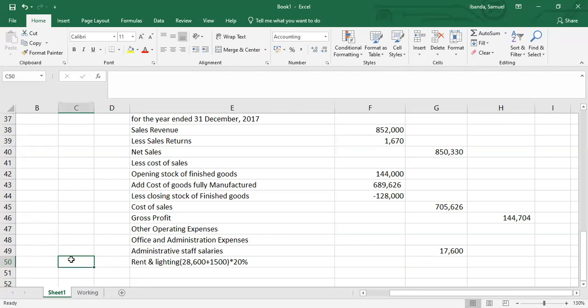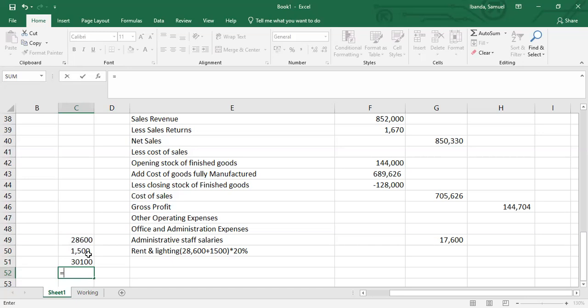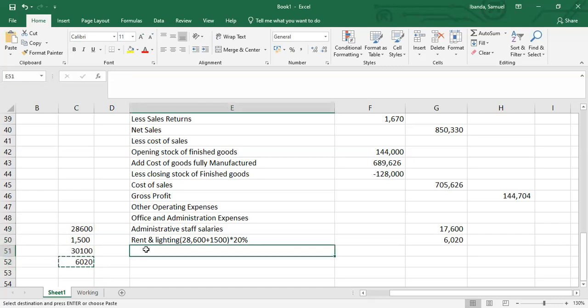I'm worried that I may have gotten a wrong figure. This is 28,600. You can also calculate it on your calculator and see what it gives you. Summation of this gets you that. Then let's do 20% of this: 0.2 of this actually gets you to 6020. So that's what I'm supposed to have here. The other one was a weird value, so that's why I had to recalculate it. So that is all when it comes to the rent and lighting.